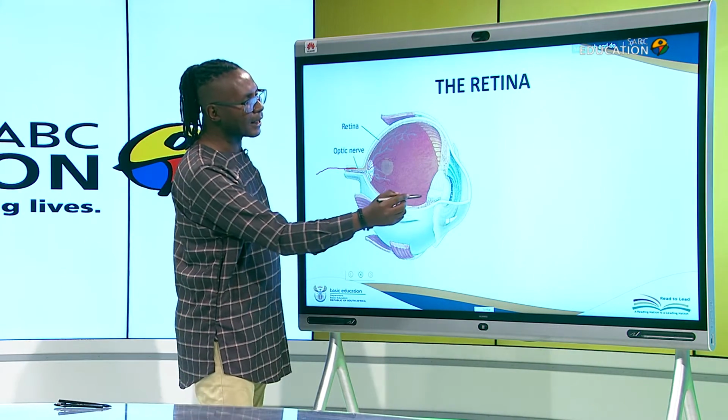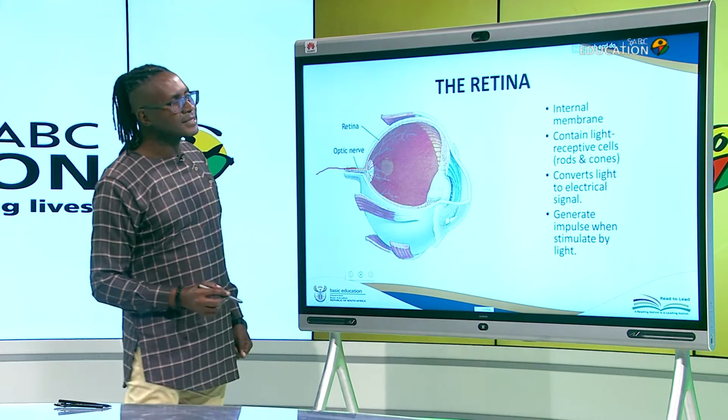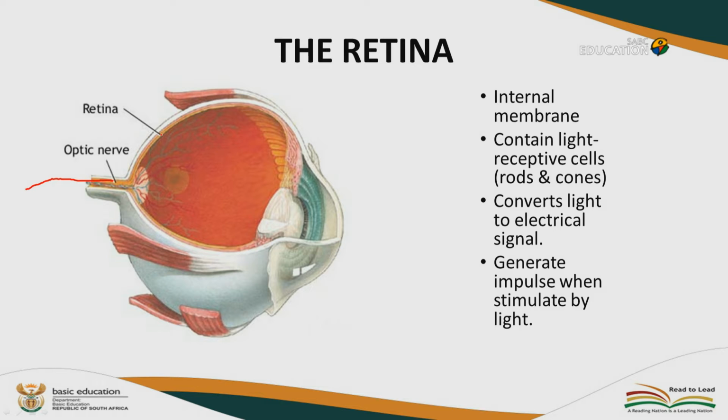So when the light enters the eye, it strikes the retina because it has receptive cells called rods and cones. And this retina converts the light stimuli from the outside into electrical impulses. They will generate impulses from the stimulus and send them via the optic nerve.